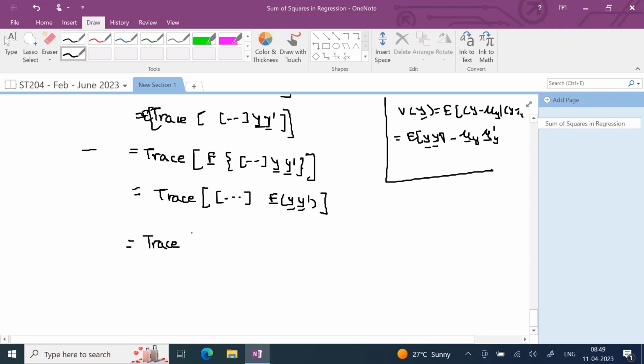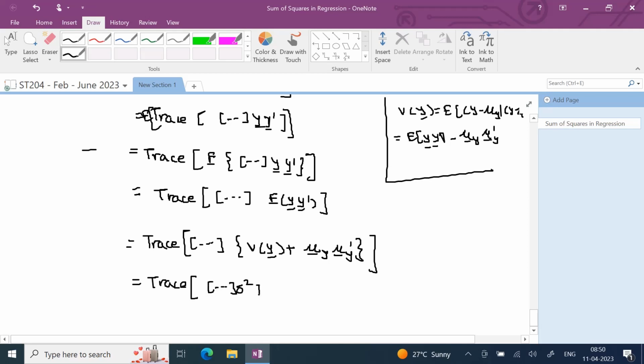So this is the trace of the big matrix into the variance of y plus mu y mu y prime. The variance of y we know is sigma square I. So this becomes the trace of that big matrix into sigma square I, plus the trace of the big matrix multiplied by mu y mu y prime.